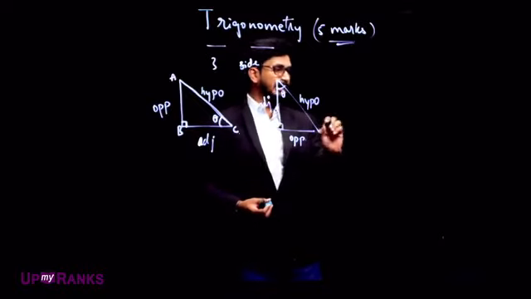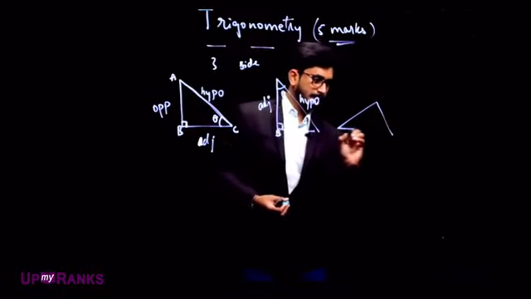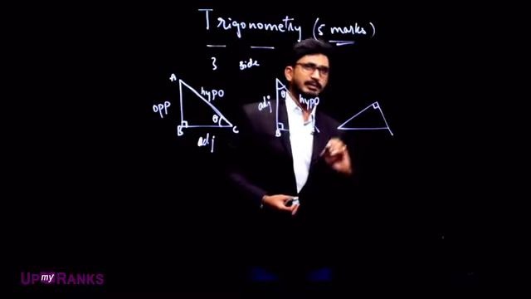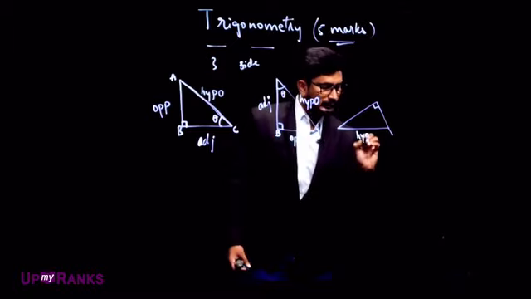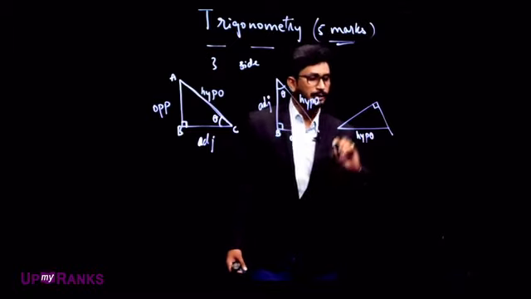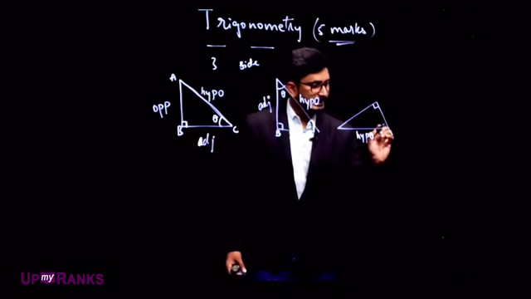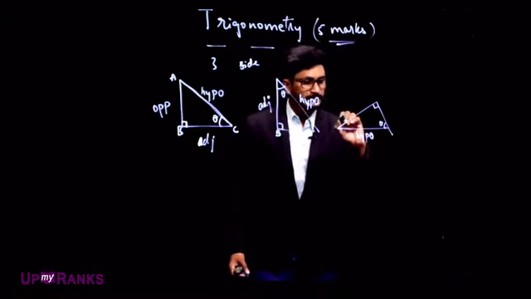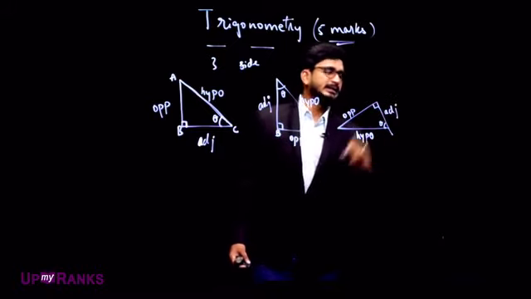Similarly, if we have it like this, and this is 90 degrees, then the side opposite to the 90 degrees will be our hypotenuse. If this is angle theta, the side opposite to it will be the opposite side, and this will be the adjacent side.